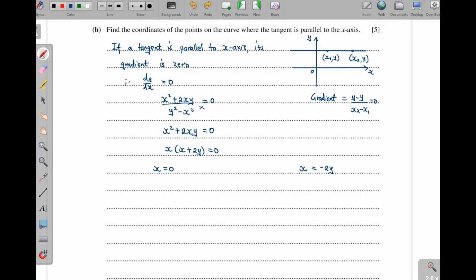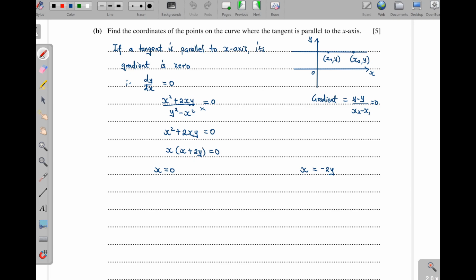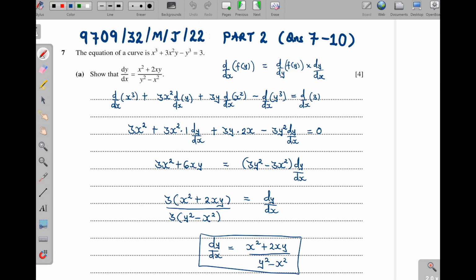The equation of the curve was given as x cubed plus 3x squared y and the rest. So we have x cubed plus 3x squared y minus y cubed, I think, is equal to 3. Yes.